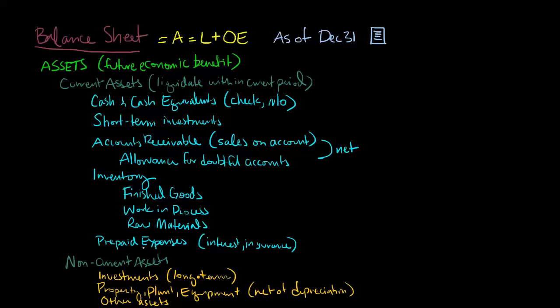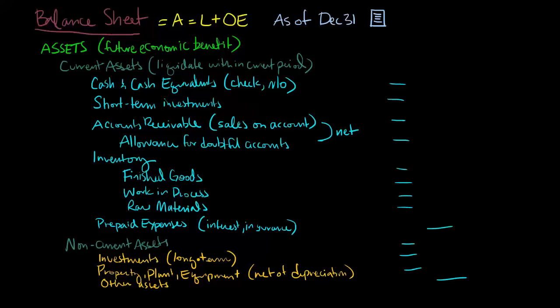So these could be things like intangible assets, patents, trademarks, and so forth. So with these assets, we have our current assets, non-current assets, and we would take each of these different items, list the holding value of these on our books, and come up with a total value for each of these subcategories in order to come up with our total assets.